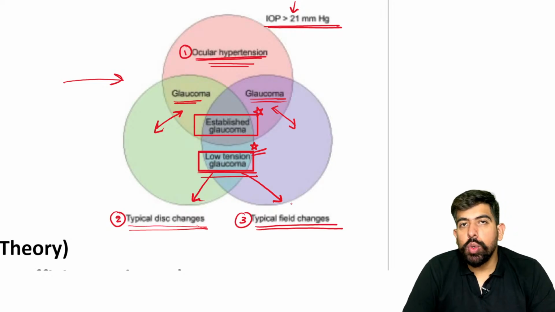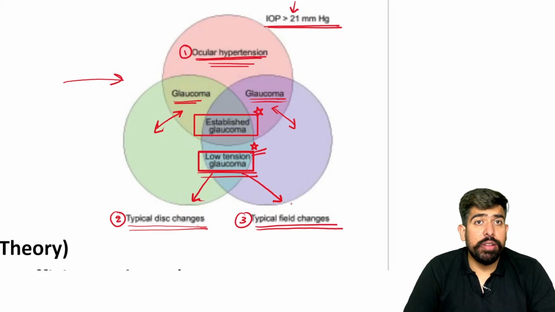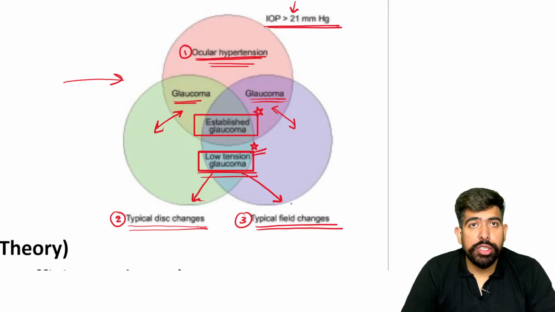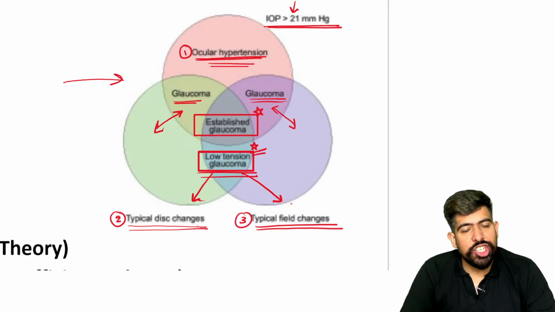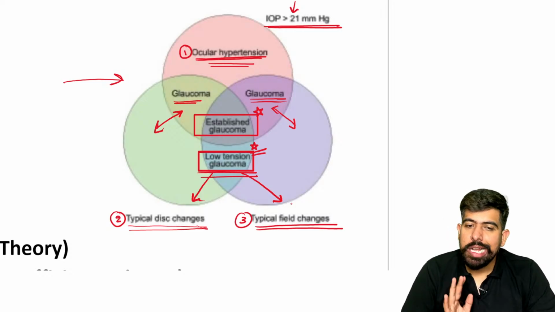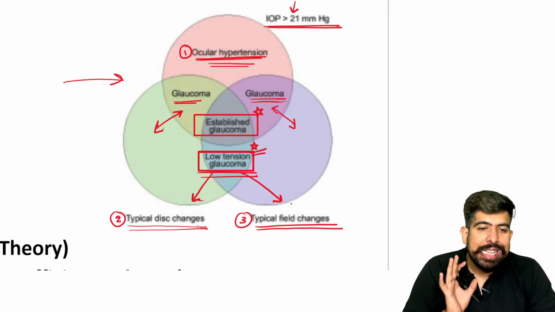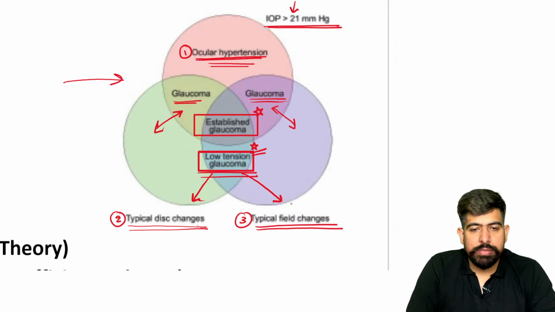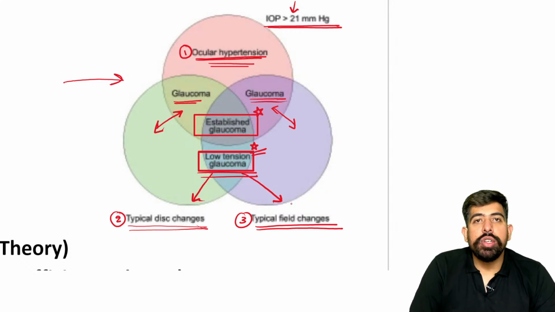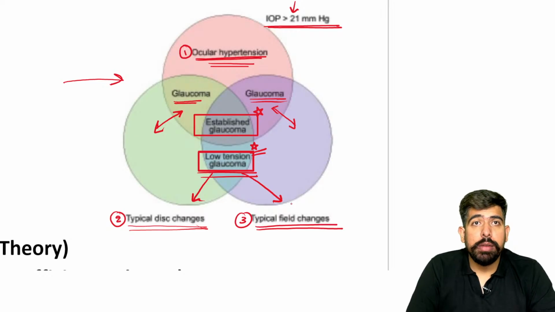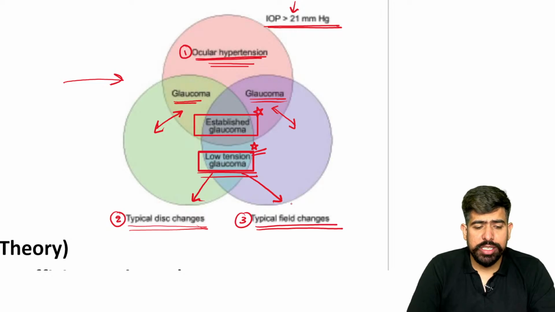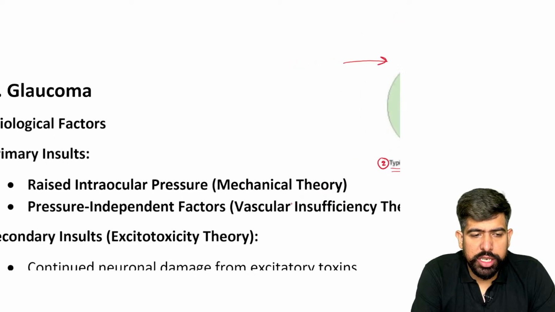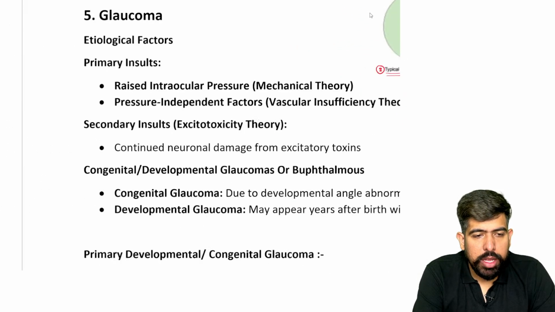But if only two features are present, one of which must be ocular hypertension, along with either disc changes or field changes, that is also glaucoma. But if there is no ocular hypertension, but there are disc changes and typical field changes, that is known as low tension glaucoma.